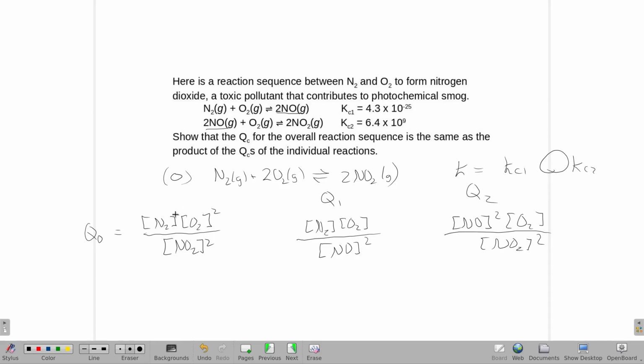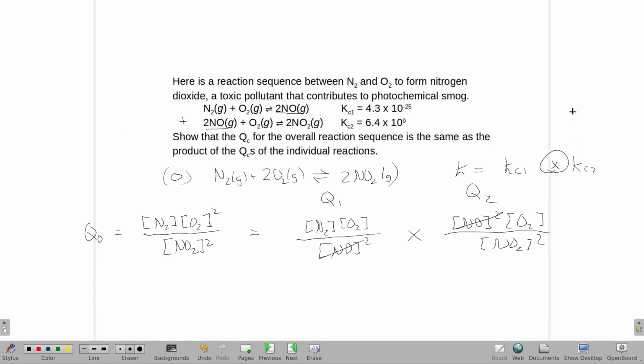Alright, what could I do right here to get these two to be equal to that? Well, if we're clever enough on math, we could see that these would cancel if I multiply them, and the two O's would actually combine. That would be it. So it turns out when we add equations, since we just added these, we can multiply the Q's.